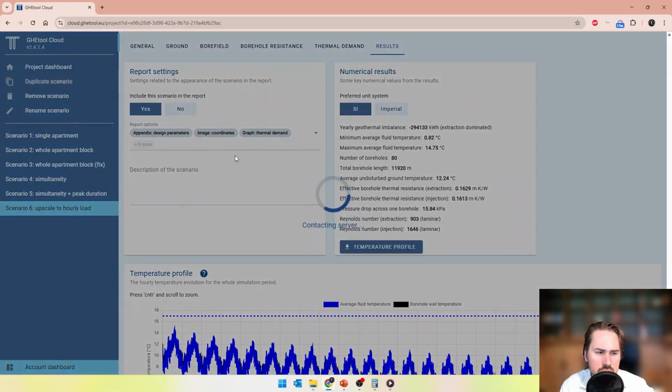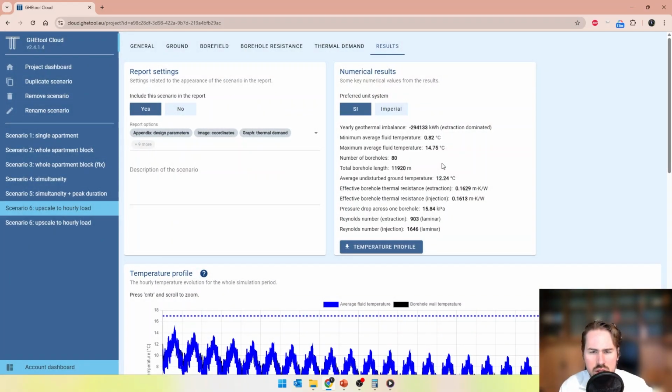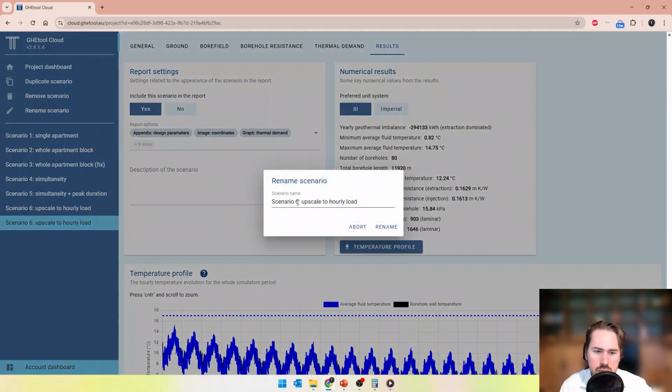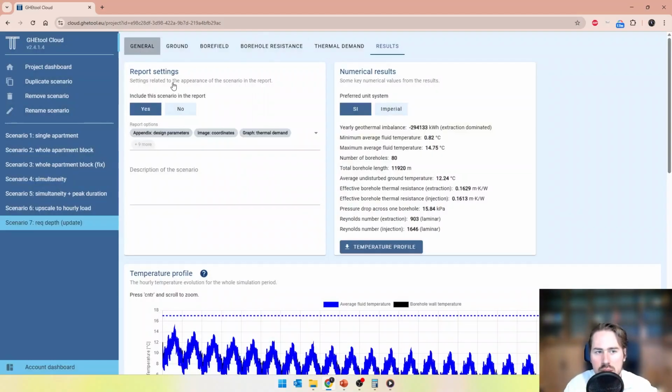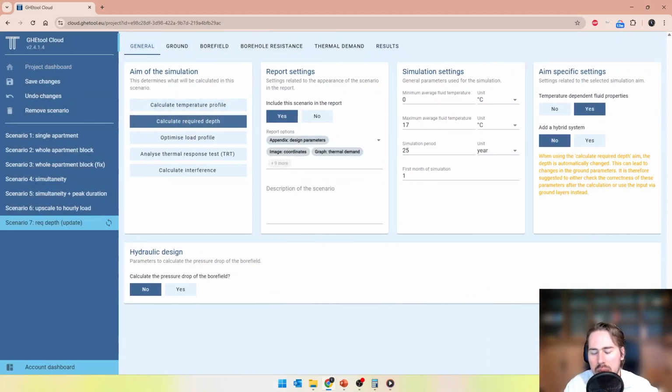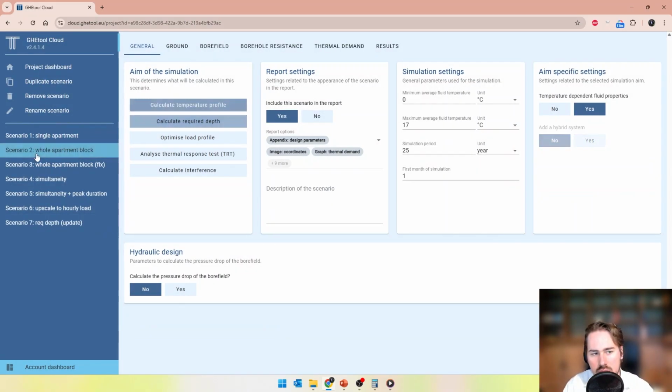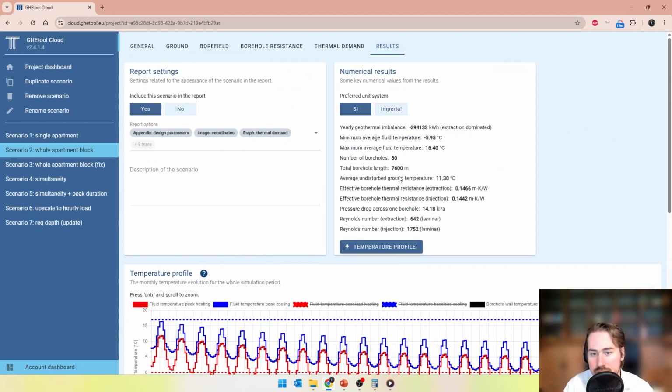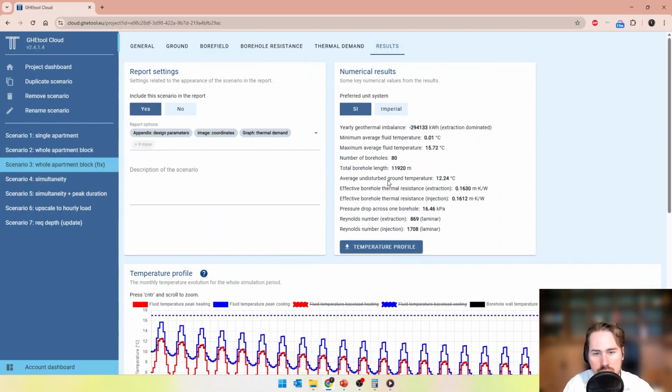Now for our final scenario, let us just recalculate the required borehole depth. Update with this hourly profile to see how our design, our required borehole length, is different from when we design a whole apartment block, which was with the fixed length of 11,920 meters.